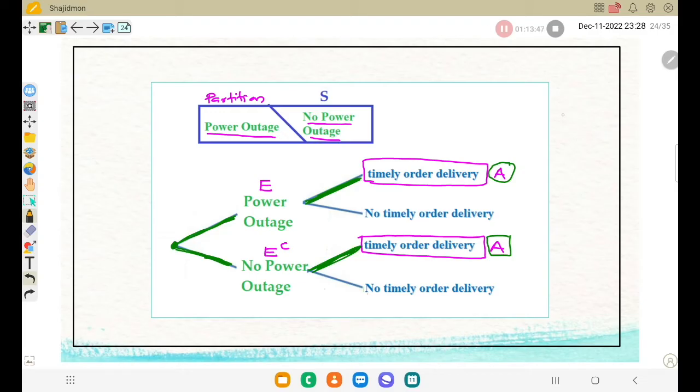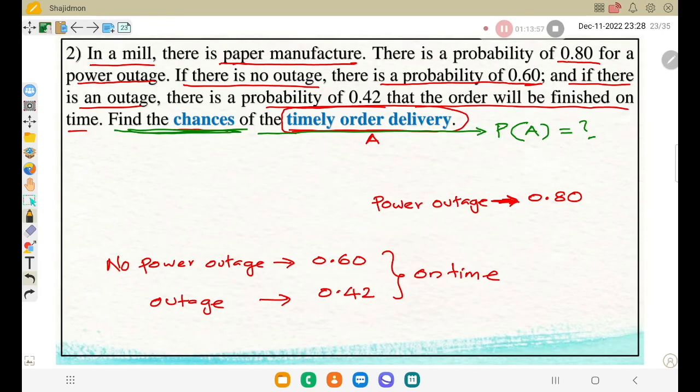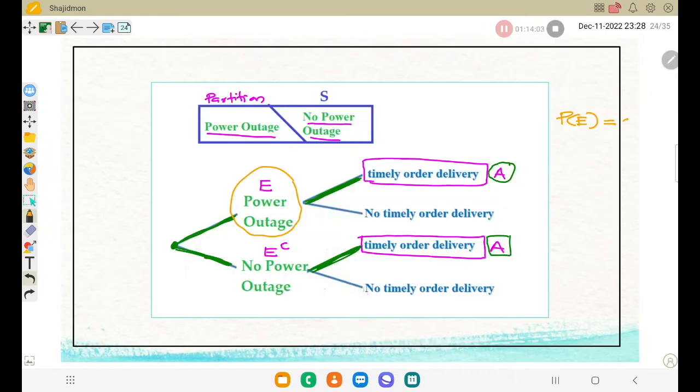First we are doing probability of E. Probability of E means power outage, correct? Power outage, what is the probability? We have written here. Power outage, what is the probability number? 0.80, correct? Already given in the question, 0.80. Now we need to calculate probability of E complement.